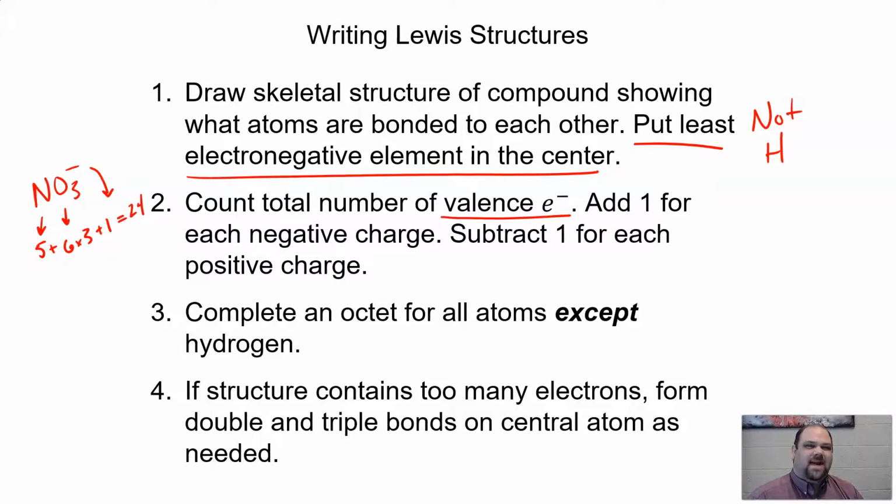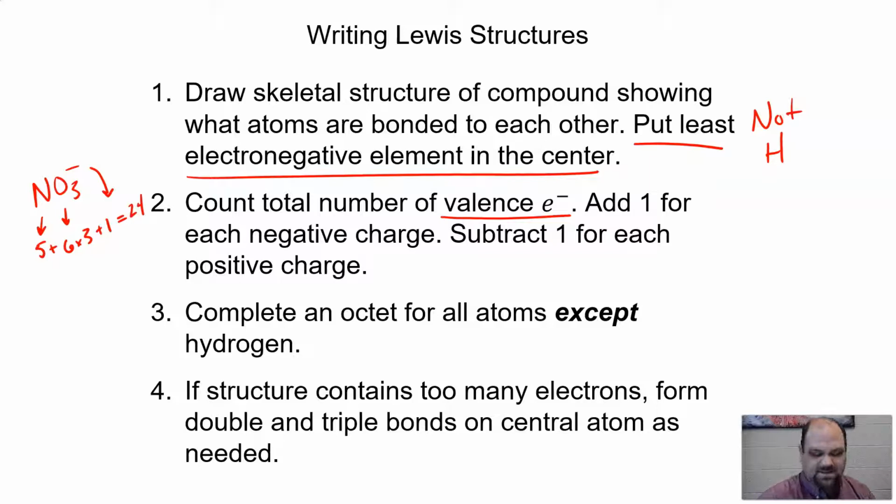We're going to start by adding lone pairs of electrons to those atoms on the outside of the molecule, and save the central atom for last. Because if we don't have enough electrons, it's likely that we'll have to make a double or even a triple bond, and almost always those extra bonds go from the peripheral, outer atoms into the central atom.